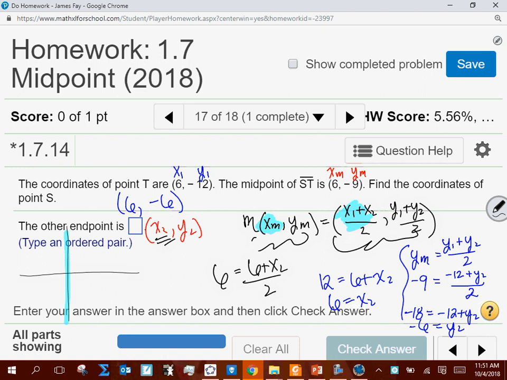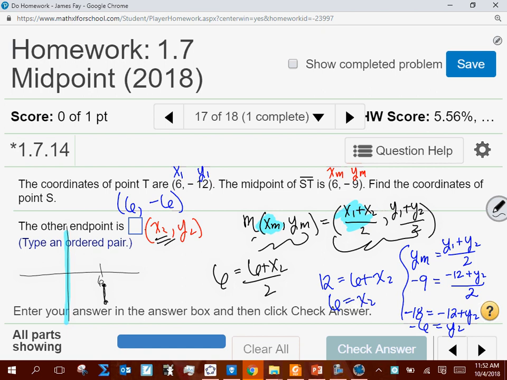If I were to graph this at 6, -12, maybe 6 is right there, -12 might be down there, right? If I go 6, -9, maybe that's that point right there. What's the x-coordinate of that segment's midpoint going to have to be? It's going to have to be 6, right? It has to be on that line. It's going to have the same x value, right? So we're going to have 6 there.